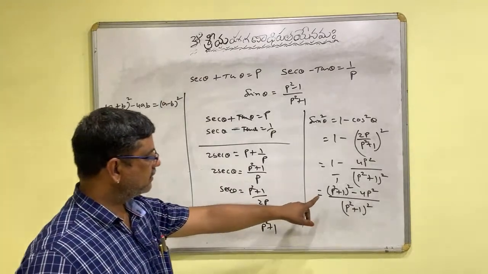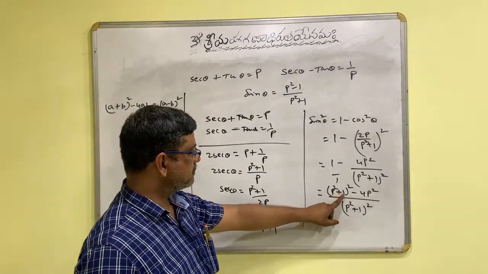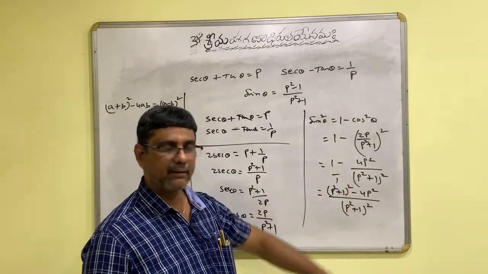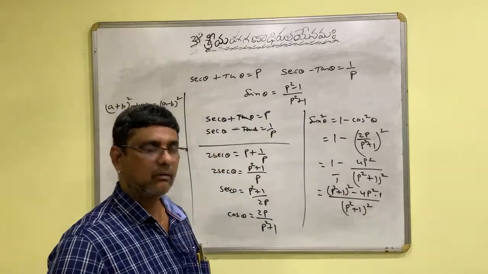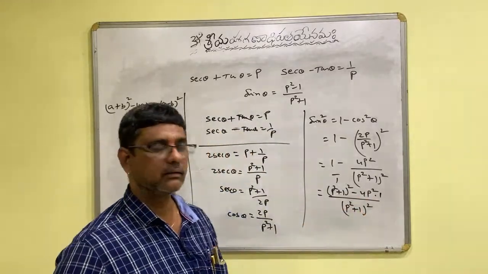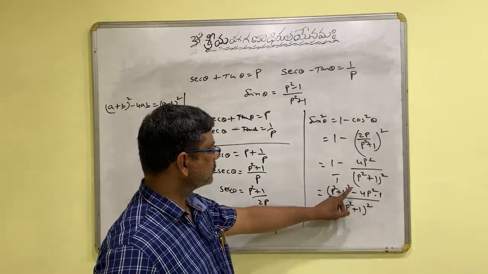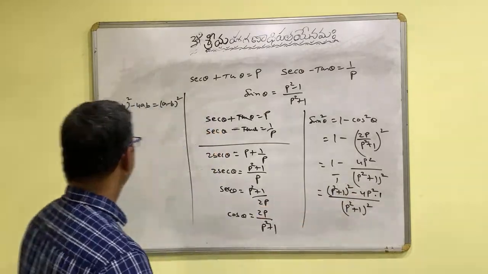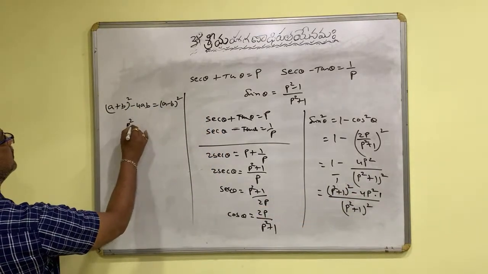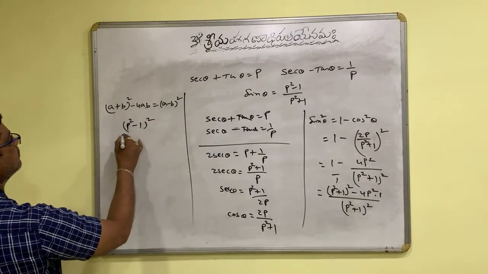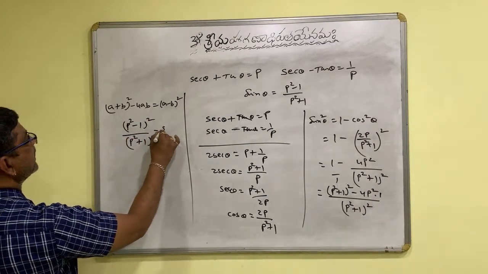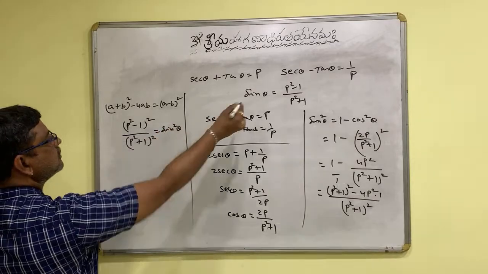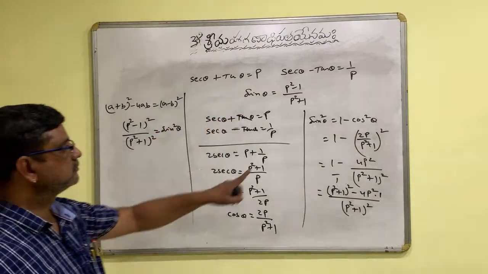So see here, a plus b whole square minus 4ab. You can write here 1 into 4 into p square into 1. A plus b whole square minus 4ab, we can write it as a minus b whole square, so we get p square minus 1 whole square by p square plus 1 whole square, which is sin square theta.